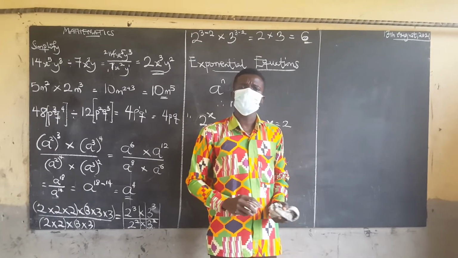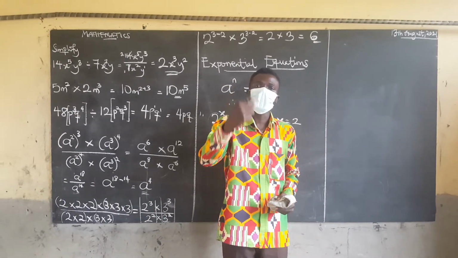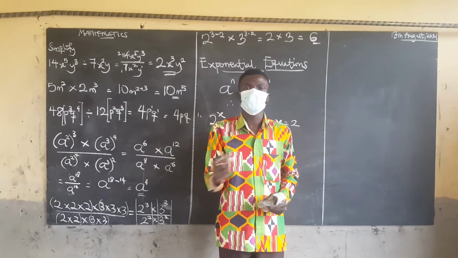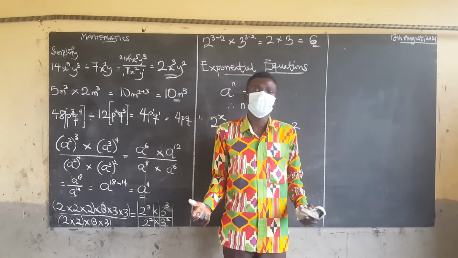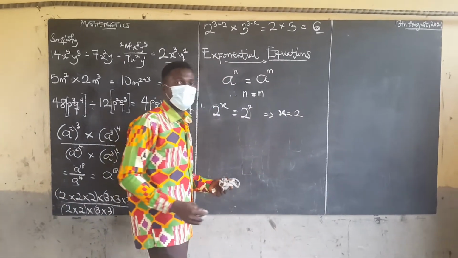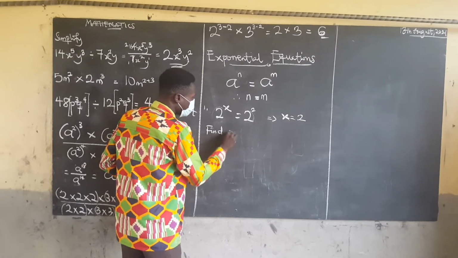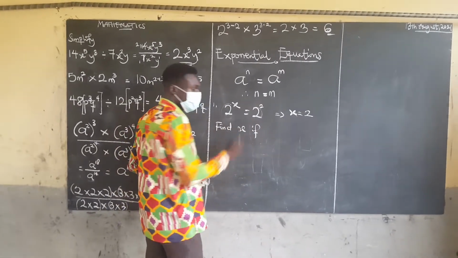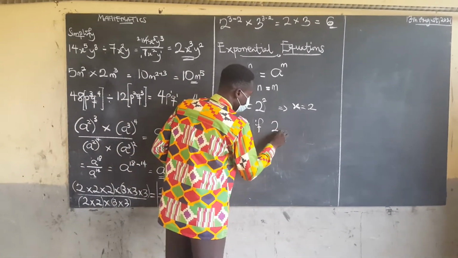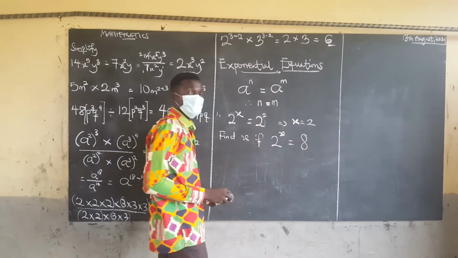Now when it comes to the exponential equation, you are the one to make sure that the bases are the same. So how can I let both bases be the same? Let's say we have to find the value of x. Find x, if 2 raised to the power x is equal to 8.